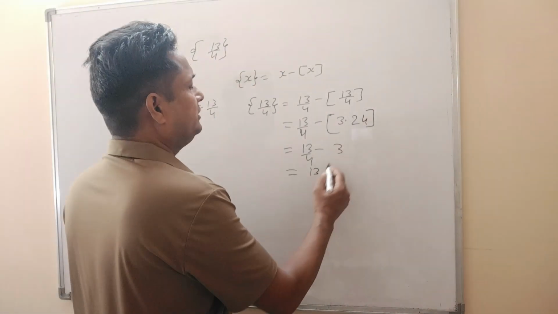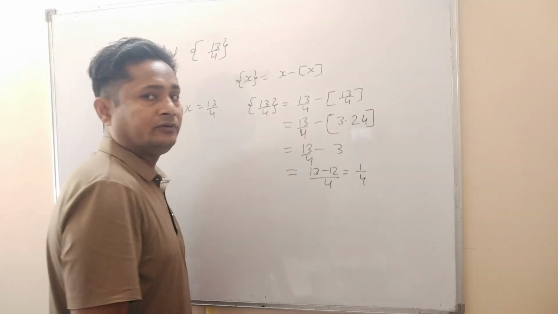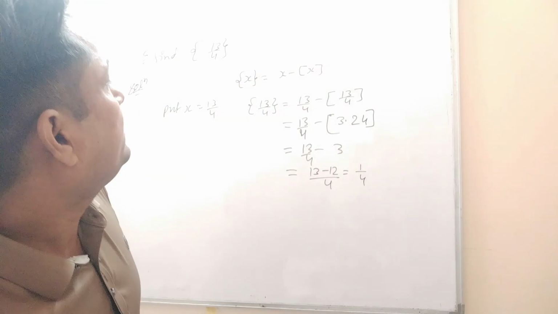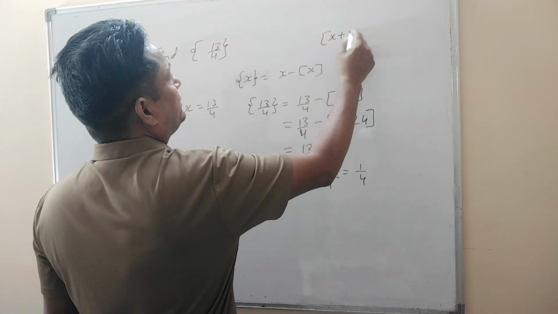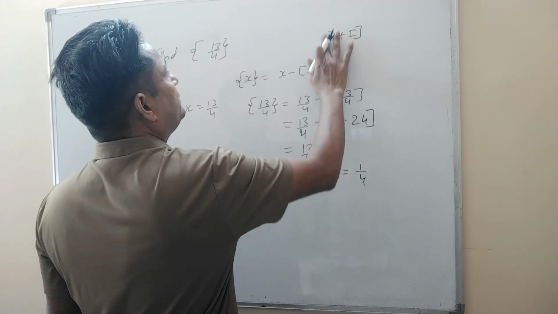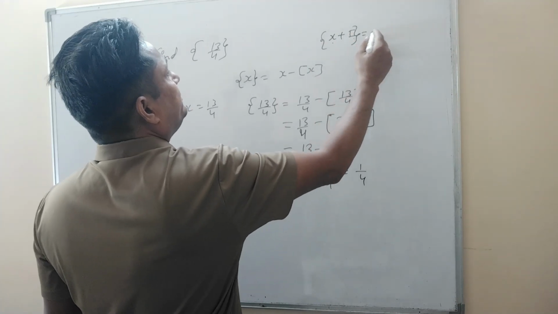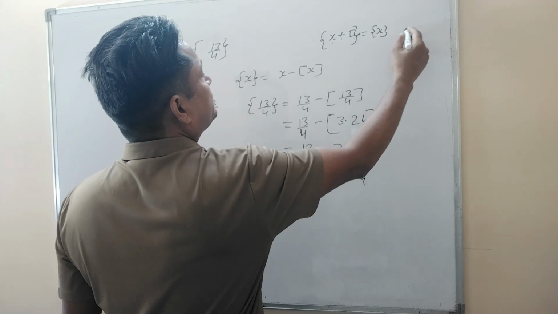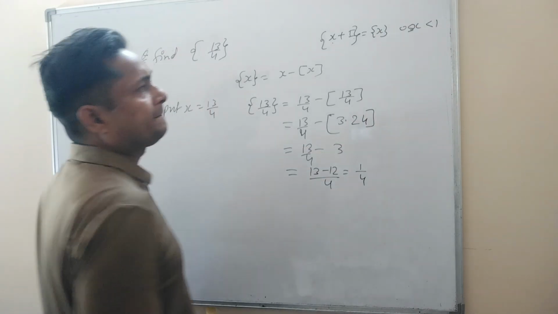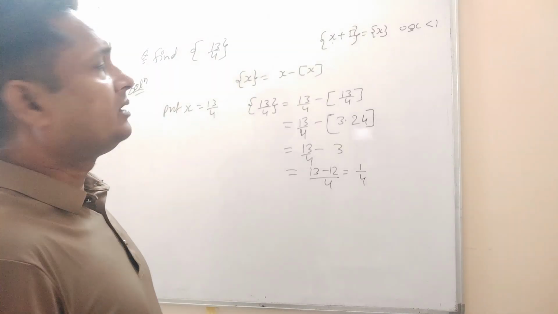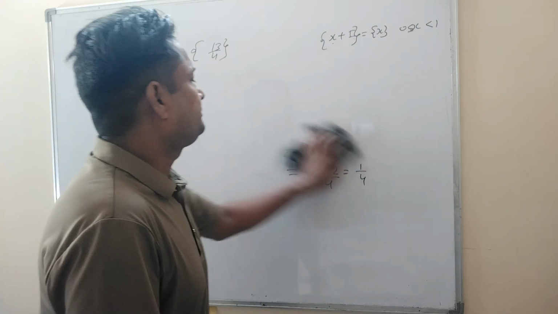This will be 13 minus 12 divided by 4, and it will be 1 by 4. You can also use the property that the fractional function of x plus I will be the fractional function of x if x lies between 0 and 1. You can use this property and calculate this one also.